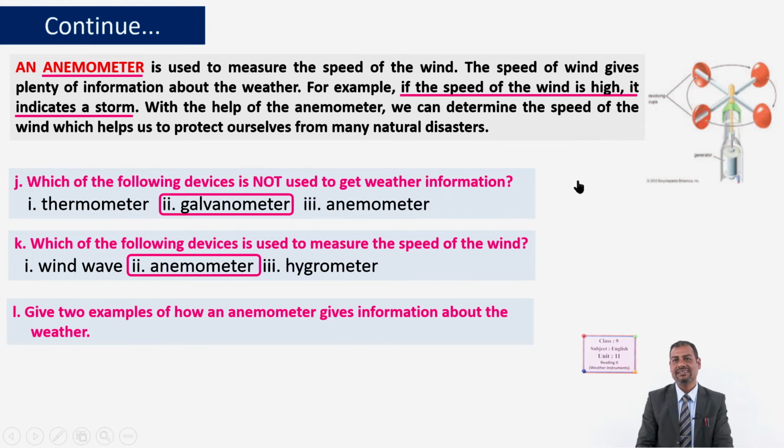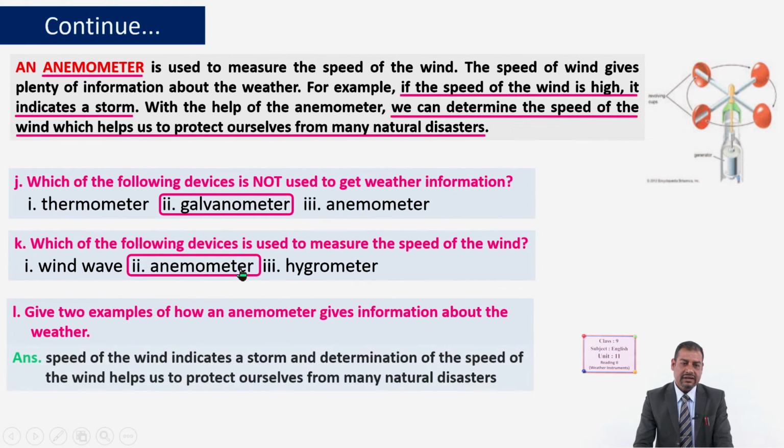So how do you write down your answer? Okay, your answer can be like this: speed of the wind indicates a storm, and determination of the speed of the wind helps us to protect ourselves from many natural disasters. So the anemometer gives us information and we can protect ourselves. Is it clear to you?